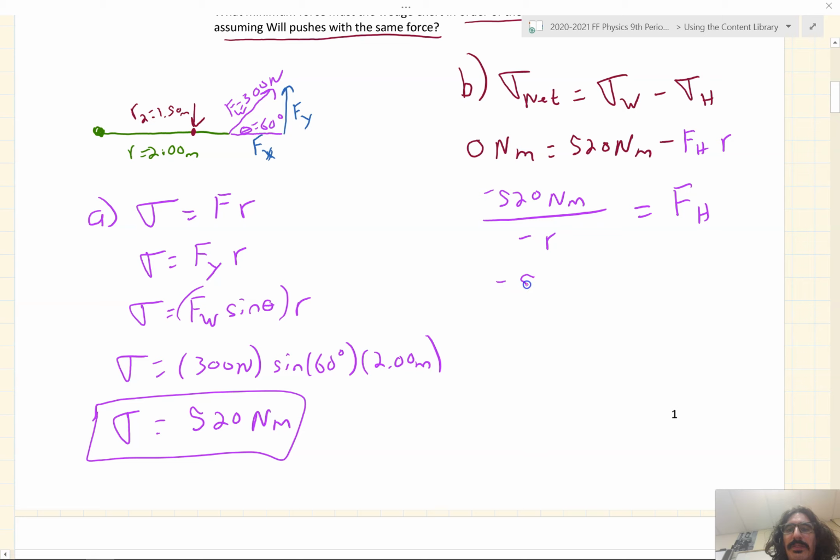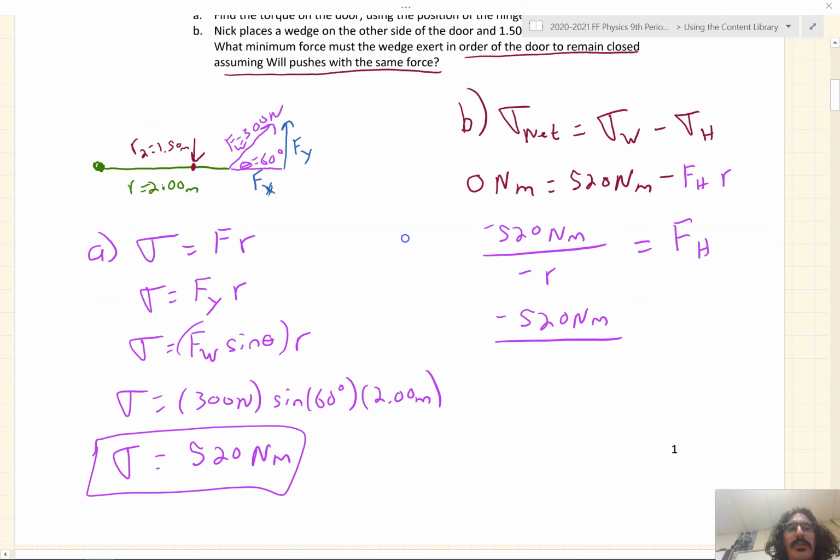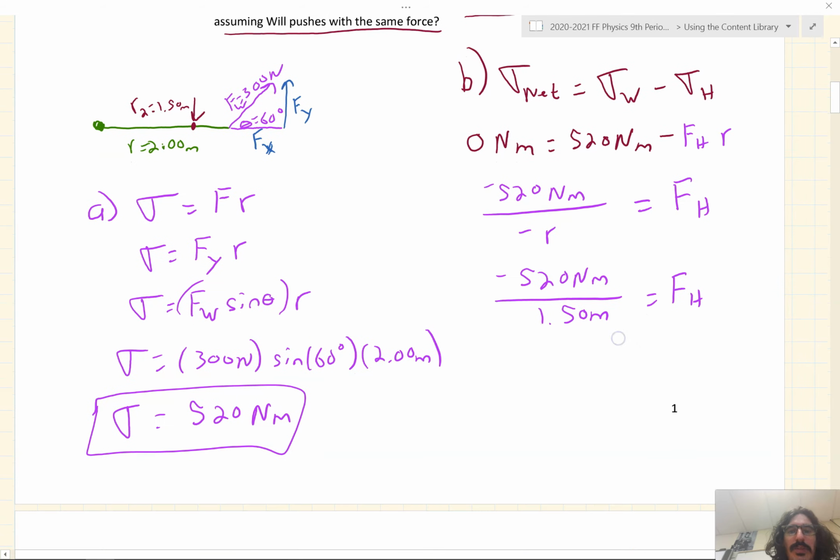Negative 520 newton meters divided by the distance away from the point of rotation, negative 1.50 meters, equals the force of the hinge. Plug and chug, and we get 347 newtons. Sorry, I forgot the negative 1.50. F sub h equals 347 newtons.